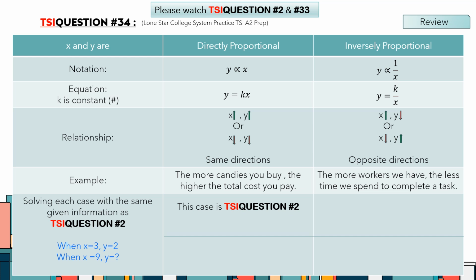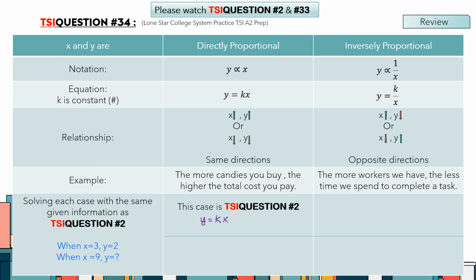So let's talk about the TSI question number 2 video. With the same information: when x equals 3, y equals 2, and when x equals 9, what is the y value? In the case of directly proportional, which is this case, TSI question number 2, we will have y equals kx.